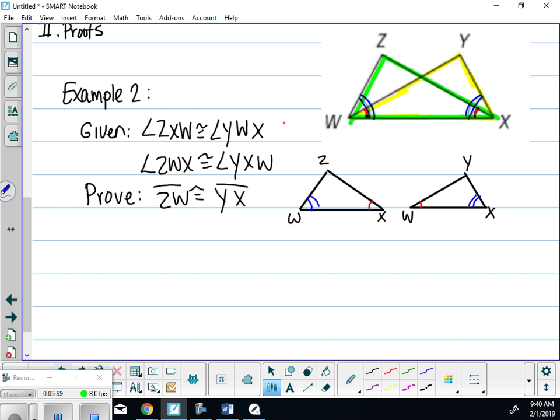Now, these two triangles overlap each other, which means they are going to have something in common. What do they have in common? What do they share? What do they both have that's going to help us in this problem? Okay, they have congruent angles. What else?